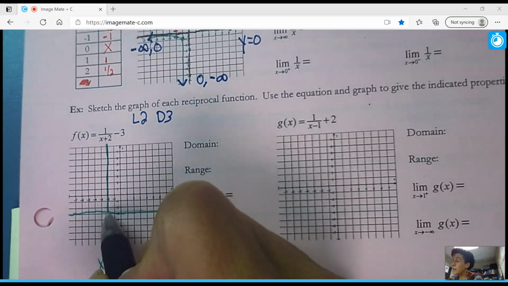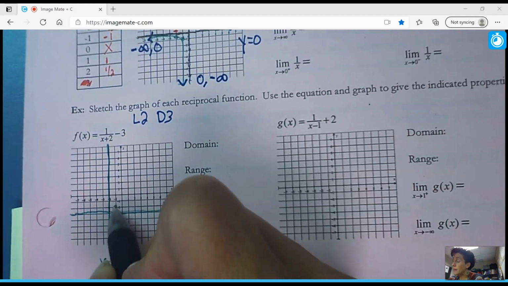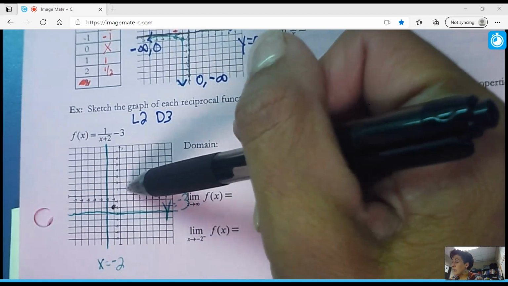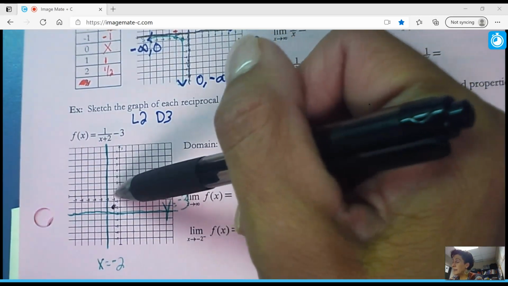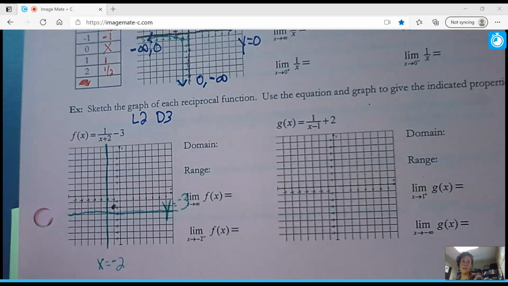And from here, if this is 0, 0, go to 1, 1, and you get the point. So let me show you this one more time. Technically 1, 1 is here, and I should go left 2, down 3. But if I move the walls, or the asymptotes, and they shift, they'll kind of automatically move the other points. I hope that makes sense. I'm not very good at explaining that.